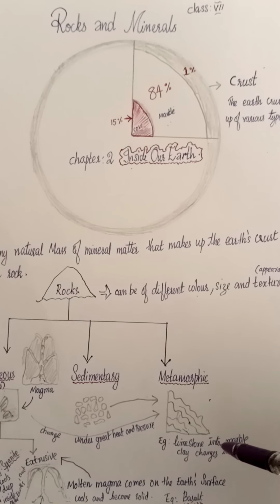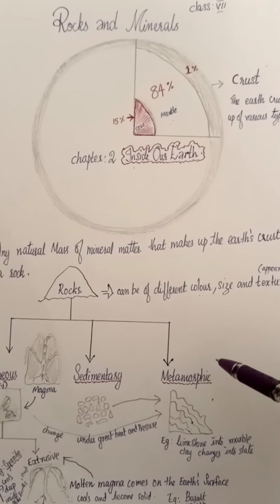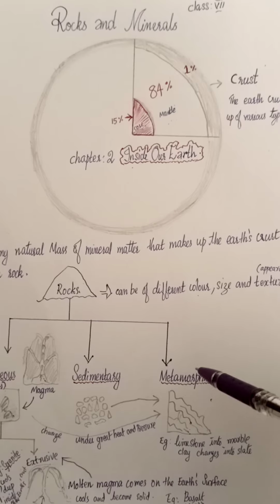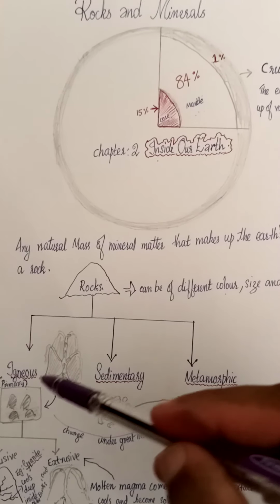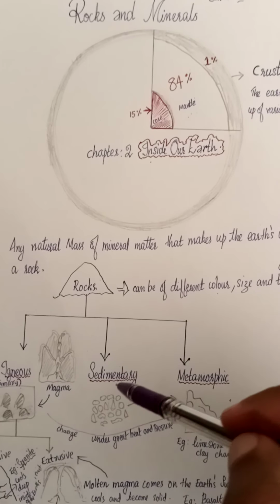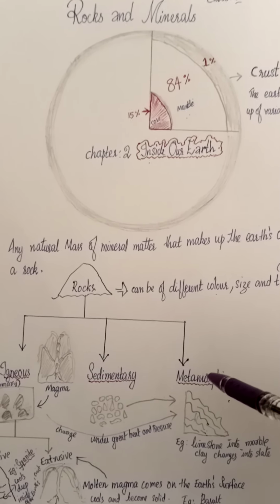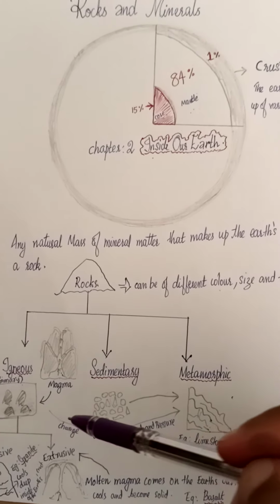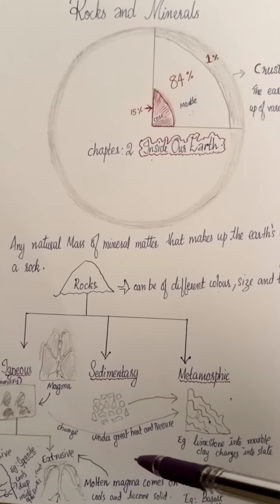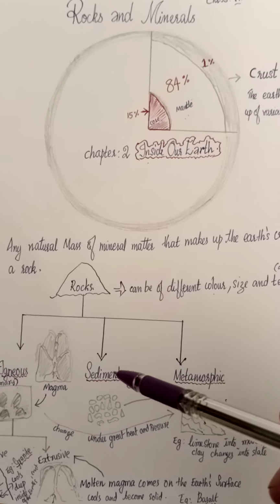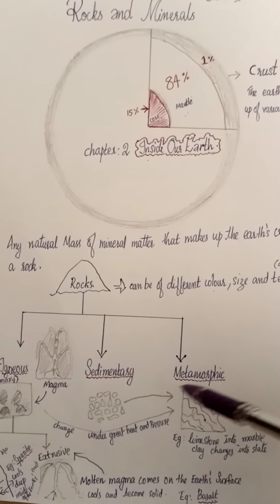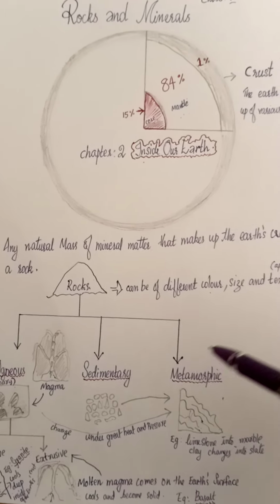These are examples of metamorphic rocks. Rocks can be of three types: igneous, sedimentary and metamorphic. Due to high pressure and heat, igneous and sedimentary rocks transform into metamorphic rocks.